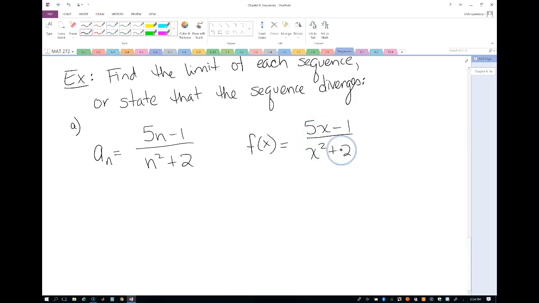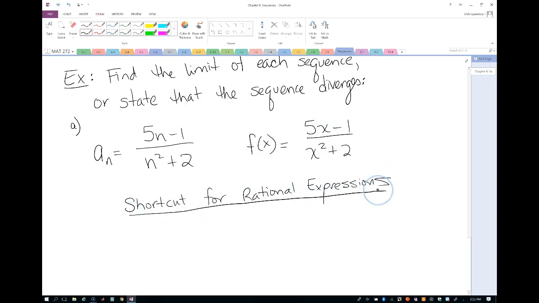So the way that we would work a limit like this, there's a very technical analytic way to do it, but there's also a shortcut. And this only works for rational expressions. A rational expression is a fraction that has polynomials on the top and the bottom.